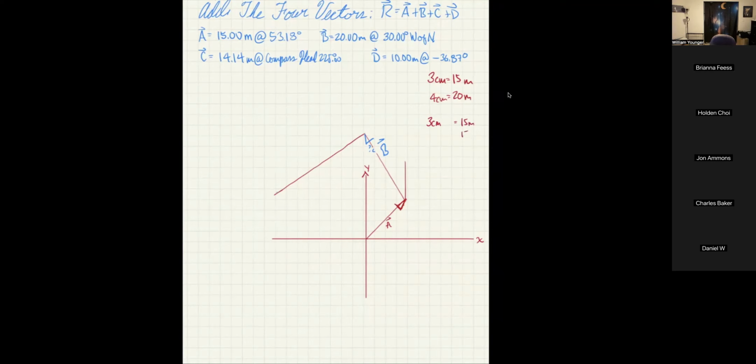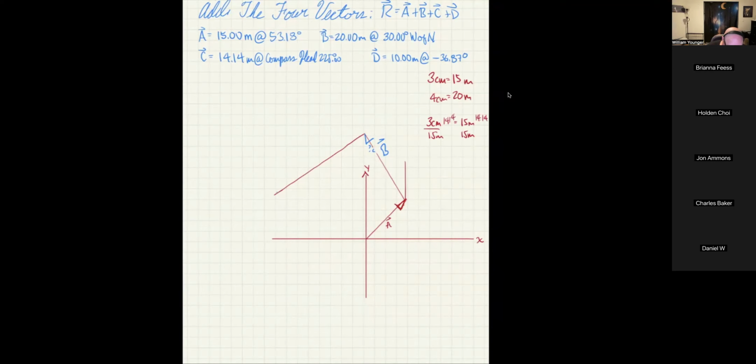I'm going to divide both sides by 15 meters. And then I'm going to multiply by 14.14.